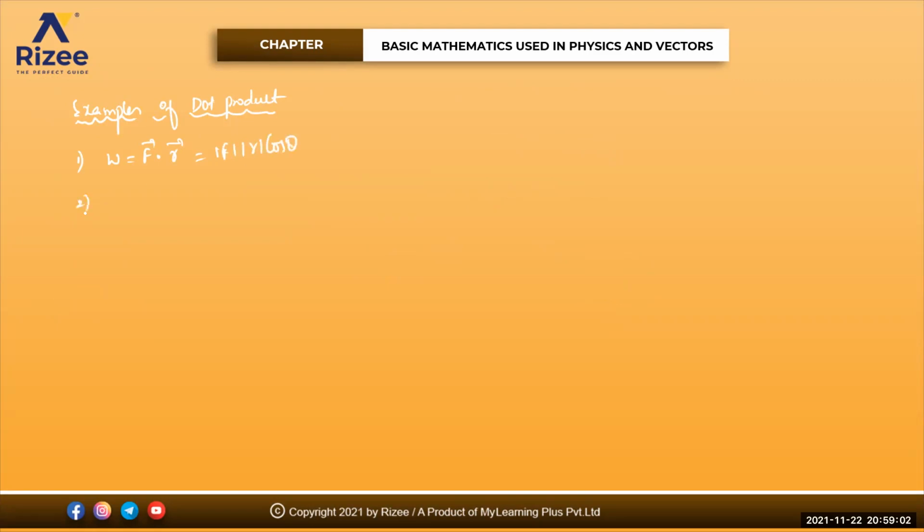One of the best examples. Next one is power. Power is also a best example. It is mod F into mod V into cos theta. Third one, flux. Electric flux is equal to E bar dot A bar. Magnetic flux is also B bar dot A bar. And the fifth one, anything you can take right now, flux, magnetic field, go on the given conditions. Clear, beta?